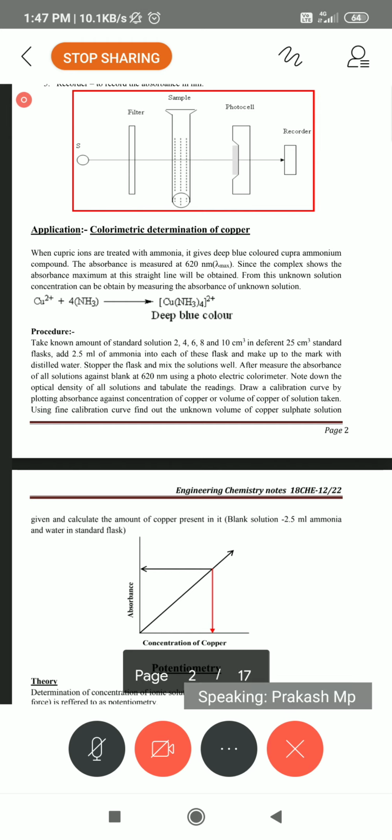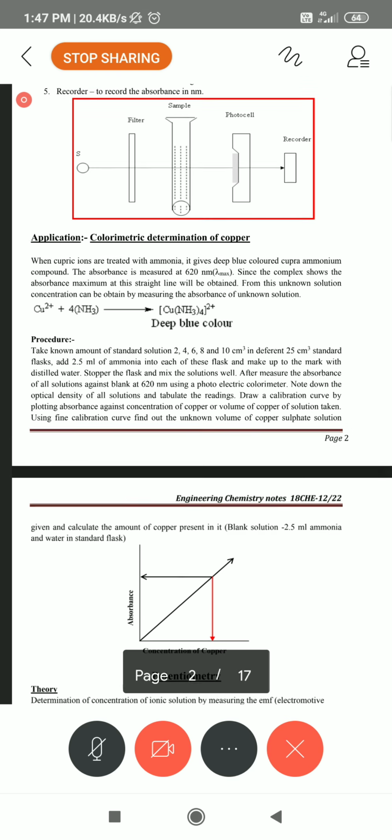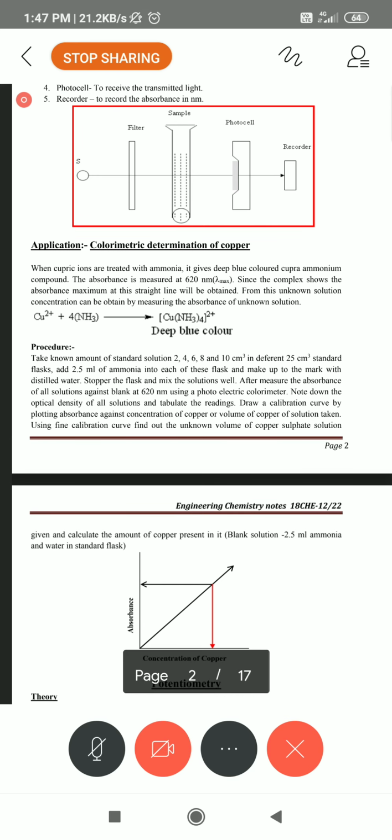You fill the cuvette with the first solution, the 2 ml copper sulfate reagent solution, and read the absorbance. When the light is passing from the source through the filter and the sample, finally the photo cell absorbs it.